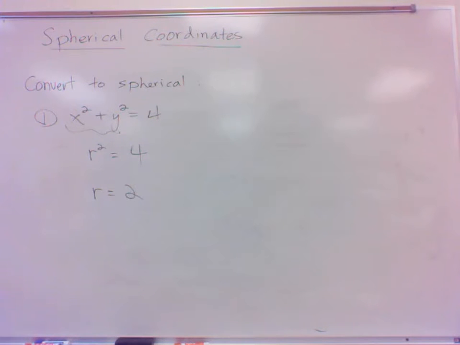And we know from our original drawing there that r, because of the right triangle that we get in spherical coordinates, where this is rho, and this is phi, so r is equal to rho sine of phi.